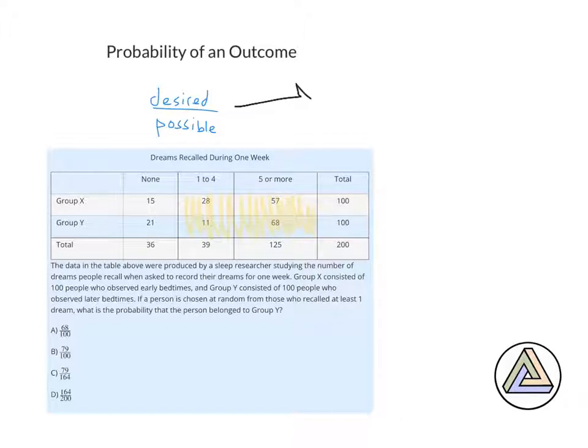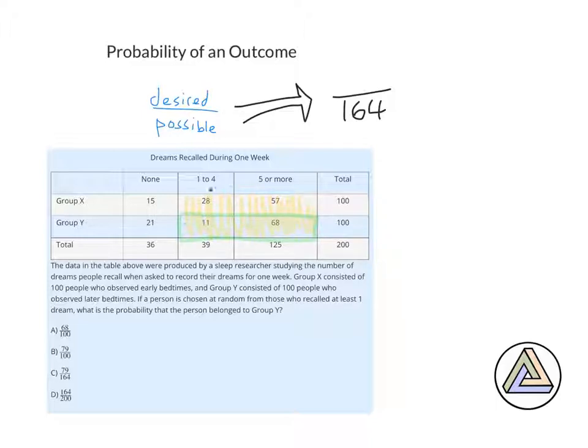164. I'm going to put that down below because that's how many people we're dealing with, which corresponds with the possible outcomes. But we want to know the desired outcome, which is that the person belonged to group Y. Where is group Y? Group Y is right here, this little section.